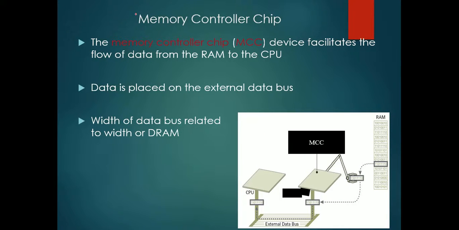We have a memory controller chip, MCC as we call it, and this device facilitates the flow of data from RAM to the CPU. Data is placed on the external data bus, and the width of the data bus is related to the width of the DRAM.